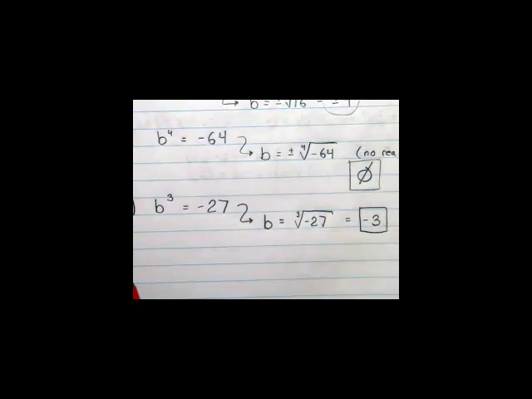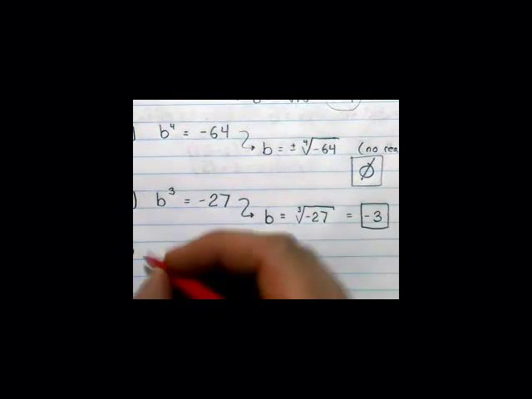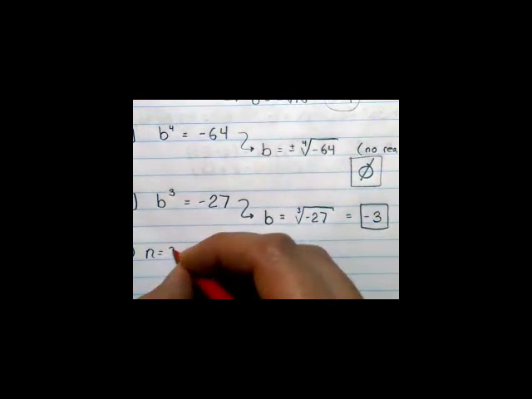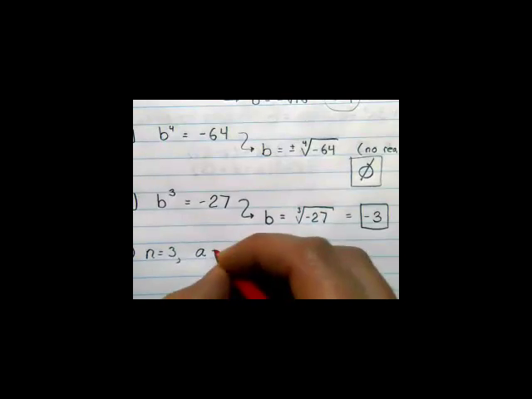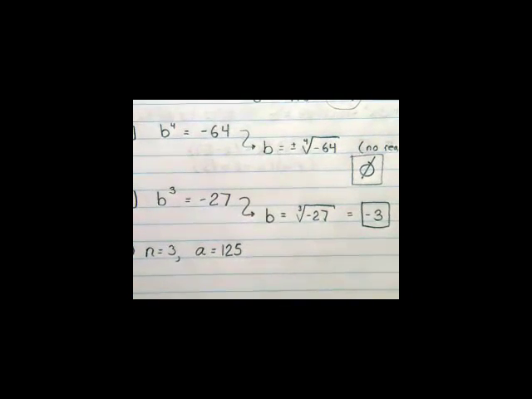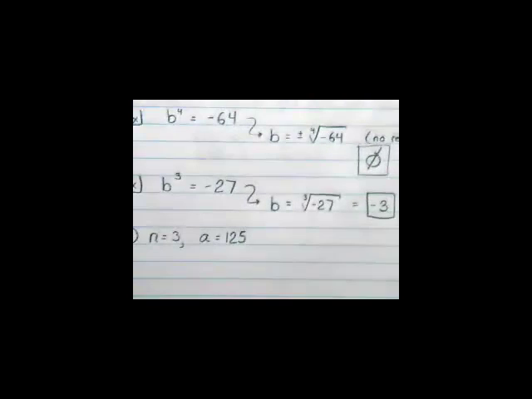Okay, so their setup, they'd say something like, find the nth root for the following situation, and they'd say something like n equals 3 and a equals 125. So you basically just take this information and you're going to plug it into this little equation that we started with. Okay? So they give you an n and an a and they want you to find b.